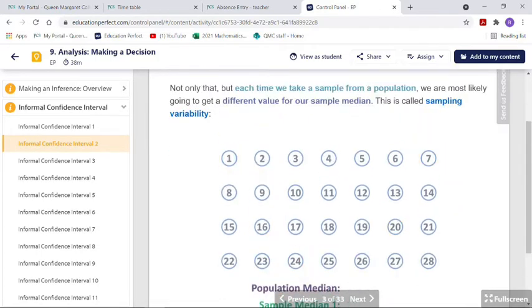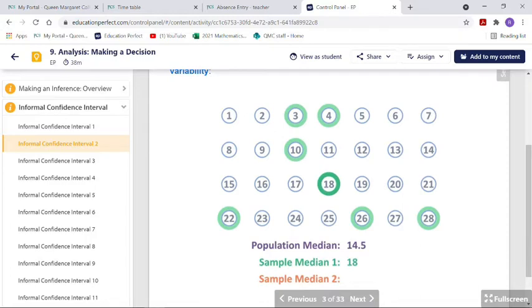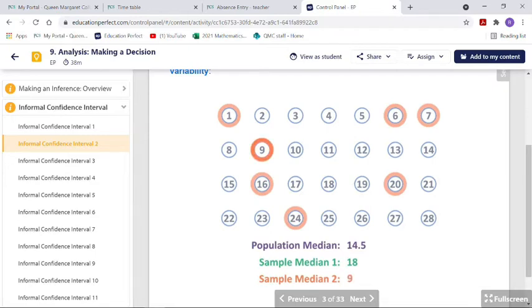So say, for example, here we have a set of data. If we take a sample of this, you see the population mean, that means the mean for the entire population, is 14.5. Then they took a sample, which gives a median of 18. And then they took a second sample, which has a median of 9. So you see there's a great deal of variability in those numbers, right?